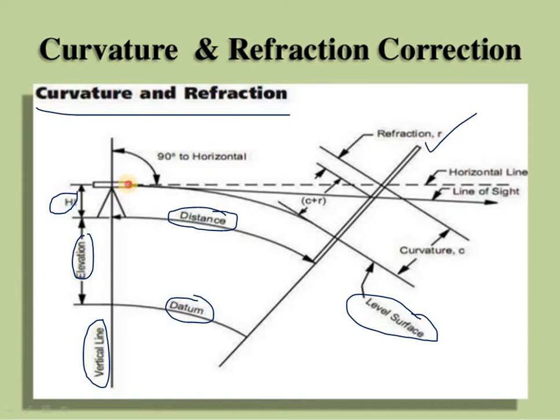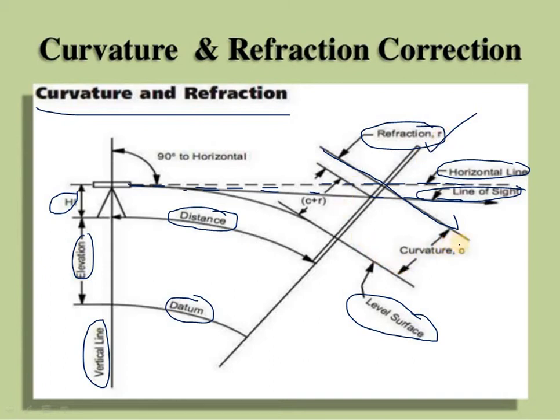From the instrument, the dotted line that you see is known as the horizontal line, and the bottom of the diaphragm line is known as the line of sight. You can observe here a staff, and the staff is inclined. The straight line which indicates this position is called refraction. We denote it with small r.